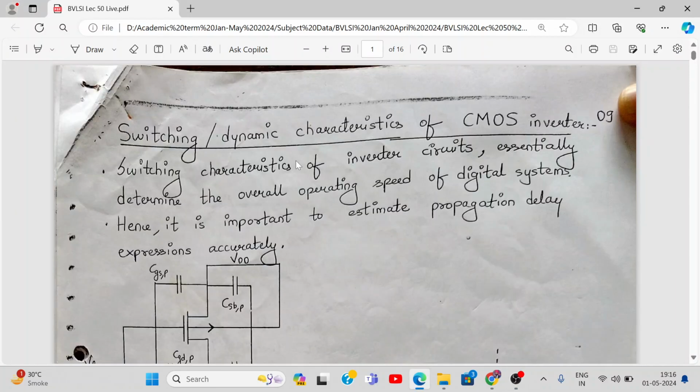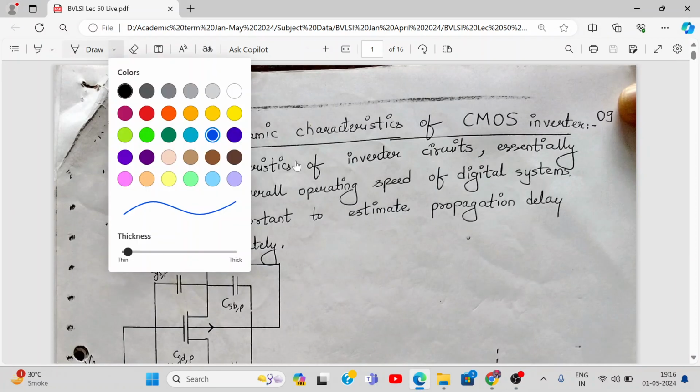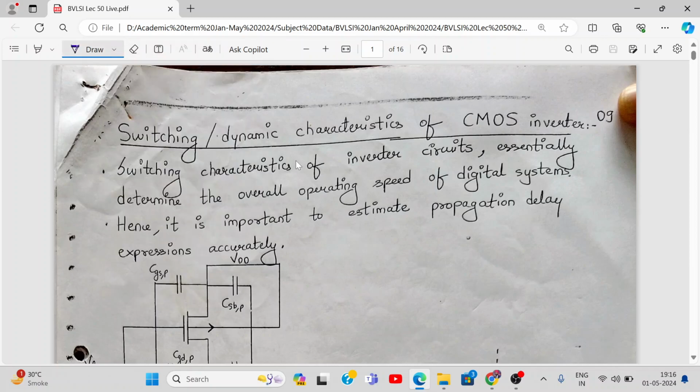So let's begin today. So this is BVLSI. Let me connect the charger. Okay, this is BVLSI lecture number 50. Actually, there is some problem with my writing pad. That's why it's creating a lot of issues.